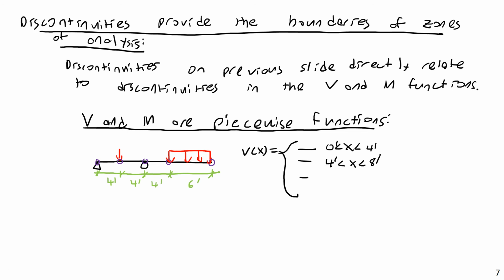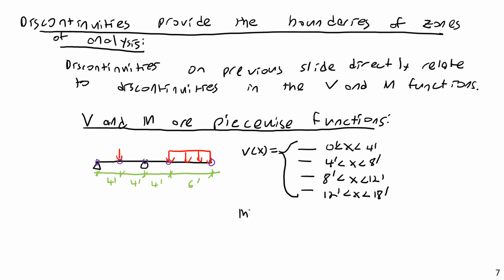Then some other shear function from 8 feet to 12 feet. Notice I am using the same coordinate system throughout. And then I would have some function from here to here, and if I add 12 to that, that would be 18. So some function from 12 feet to 18 feet.